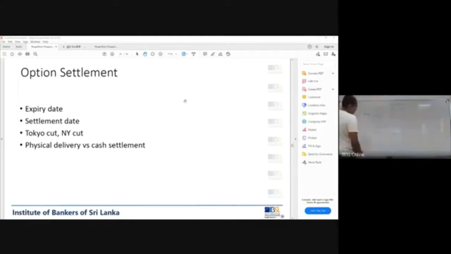That's physical settlement. Cash settlement means if the market is 200 rupees and he's buying from me at 150, he will save 50, isn't it?